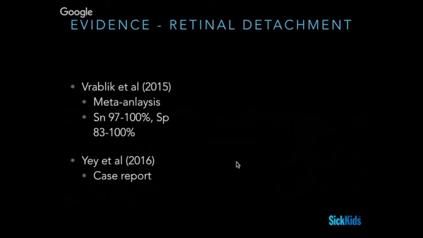Overall sensitivity ranged quite high, so 97 to 100%. Specificity ranged from 83 to 100, so still fairly robust. The gold standard was either exam by ophthalmology, and 1 trial also included orbital CTs. So overall, they felt the POCUS was highly accurate, so sensitive and specific for retinal detachment. But they thought that larger studies were needed, especially in pediatrics.